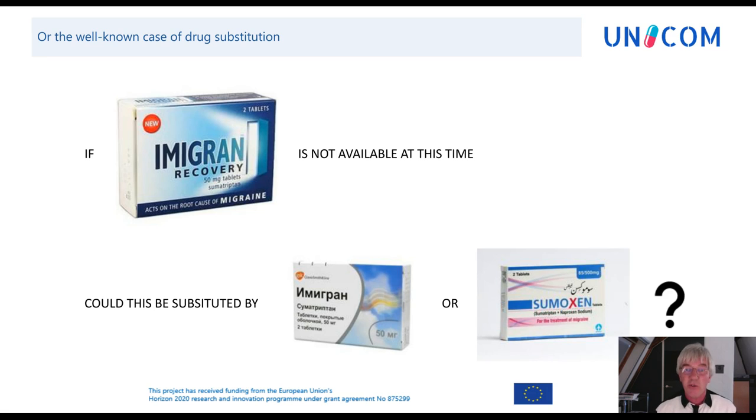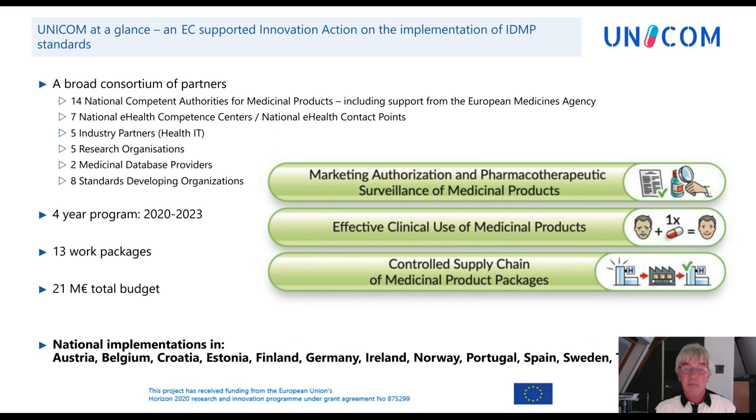How can we be sure that it's safe and that it will have the same effects and not unwanted side effects? Those are the three types of problems that we're looking for, and it all boils down to understanding what's in the pill or in the package or wherever it is. So that's what IDMP and UNICOM are about.